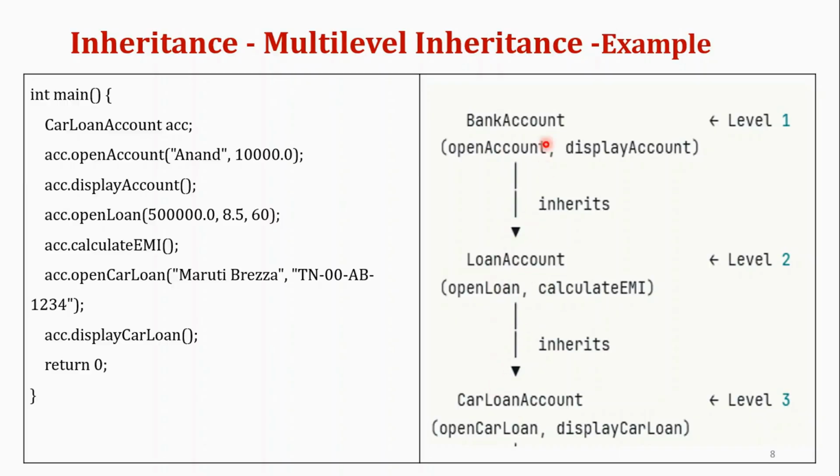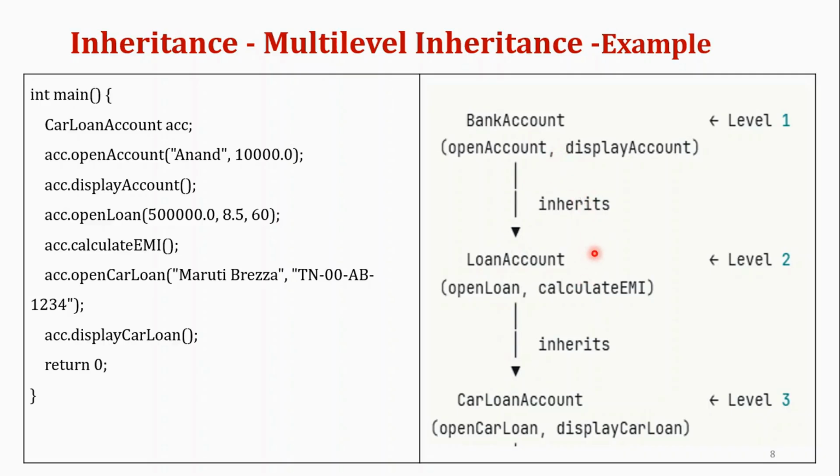At level 1, the base class bank account is there. At level 2, bank account is inherited to the loan account. At level 3, loan account is inherited to the car loan account. In turn, bank account is also inherited to the car loan account. So this is the class diagram explaining multi-level inheritance.